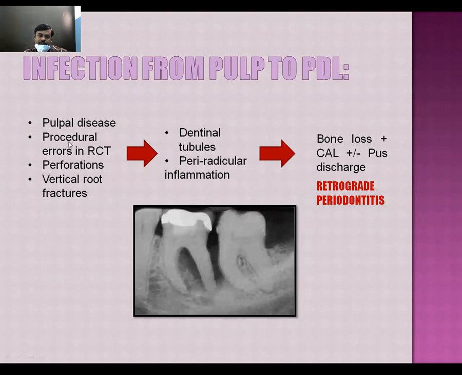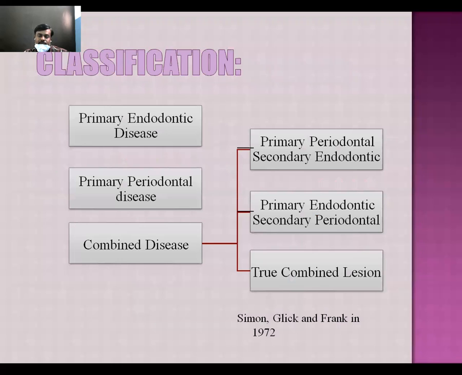Whenever the infection spreads from periodontal tissues to pulp, we call it retrograde pulpitis. When it spreads from pulp to periodontal tissues, it is retrograde periodontitis. Primary endodontic lesions, primary periodontal lesions, and combined lesions.